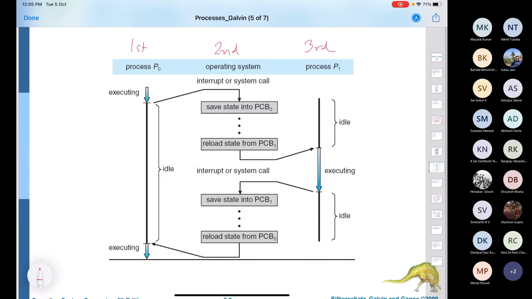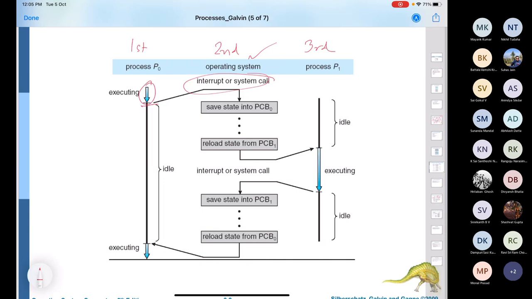Process P0 is initially executing. At this time, suddenly there is an interrupt or system call, and the operating system starts executing. The operating system can also be invoked through system calls. For example, if you try to execute a printf function, in the background there is a system call.